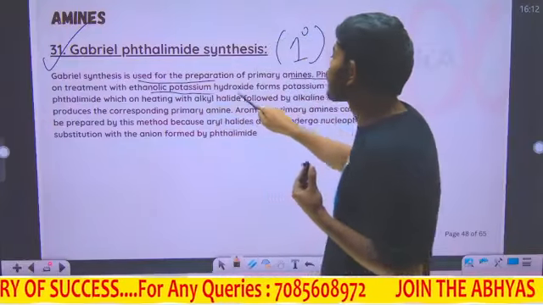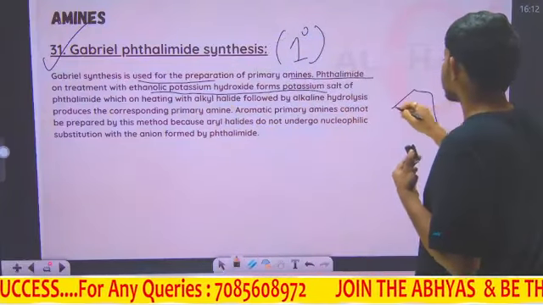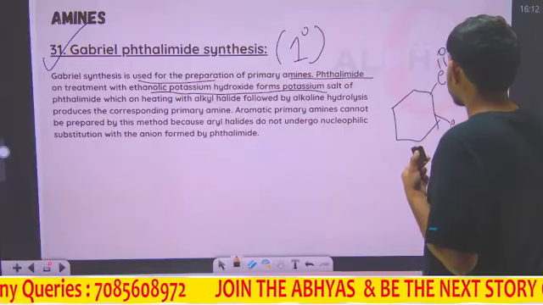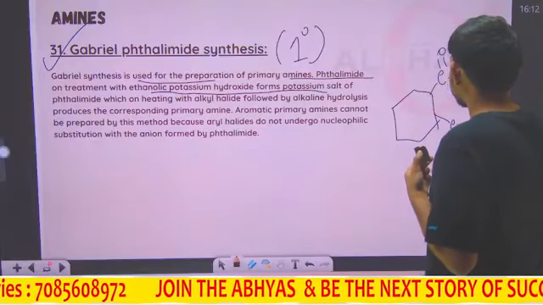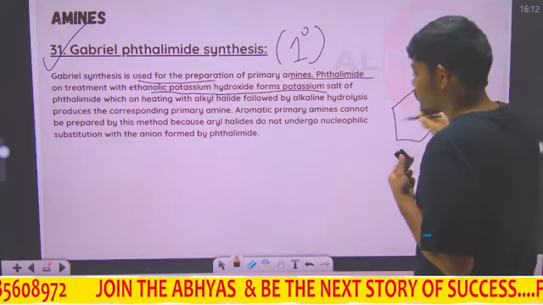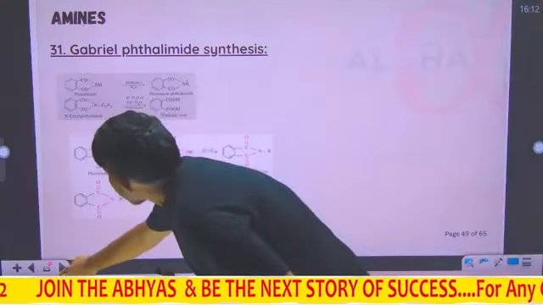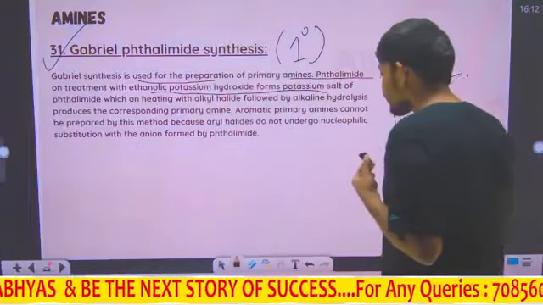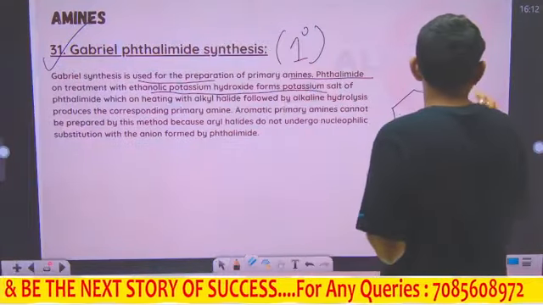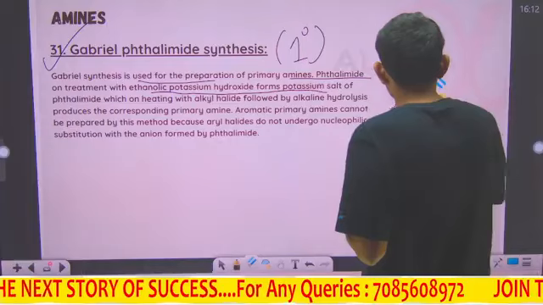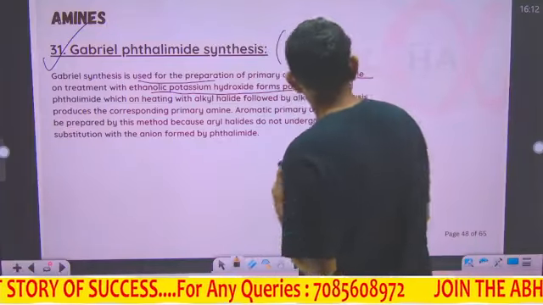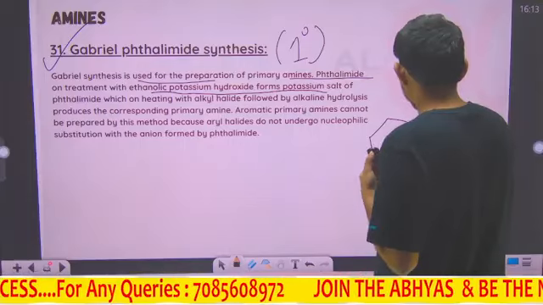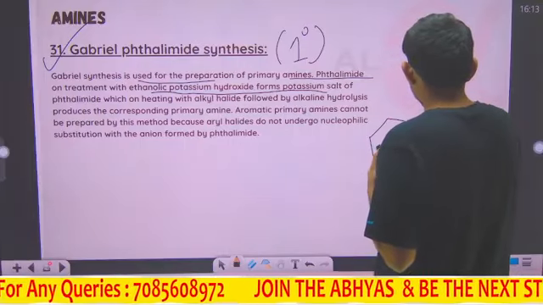Phthalimide on treatment with ethanolic potassium hydroxide. This is your phthalimide.